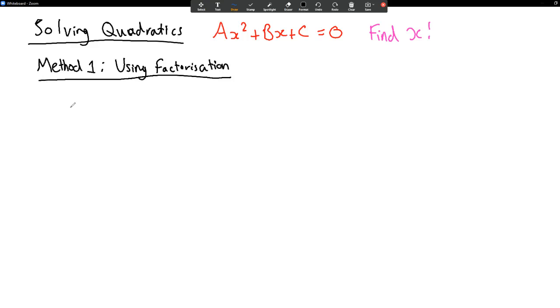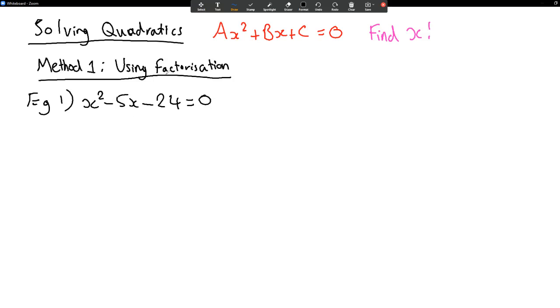Okay, so let's take the example x squared minus 5x minus 24 equals 0. Now what we want to do is find x.